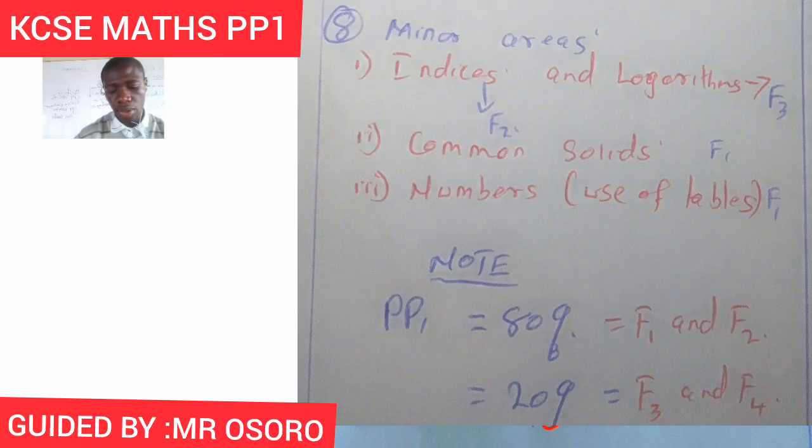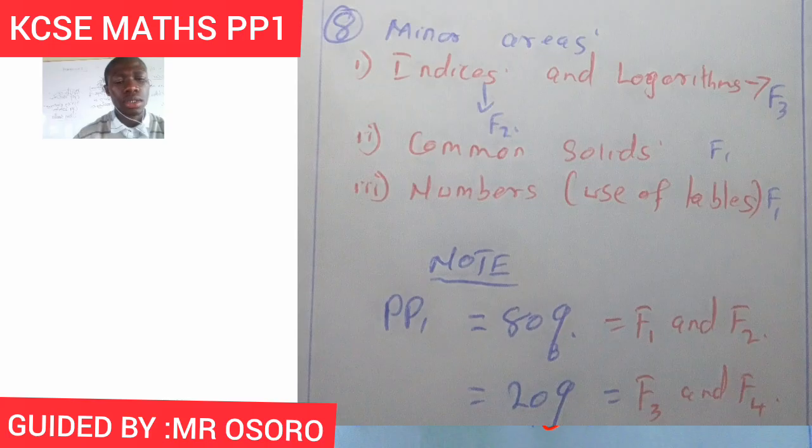Indices are Form 2 topic, logarithm Form 3. We have common solids where you draw the nets and views. We have numbers. Or rather use of tables.